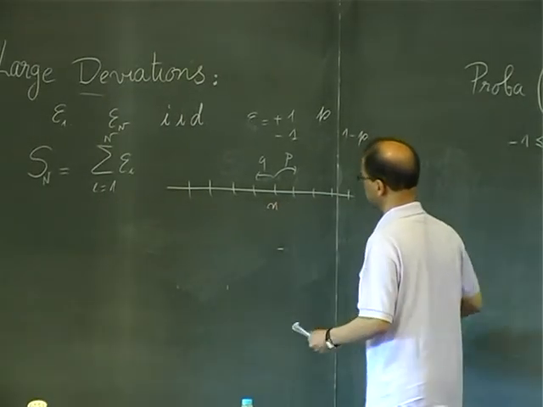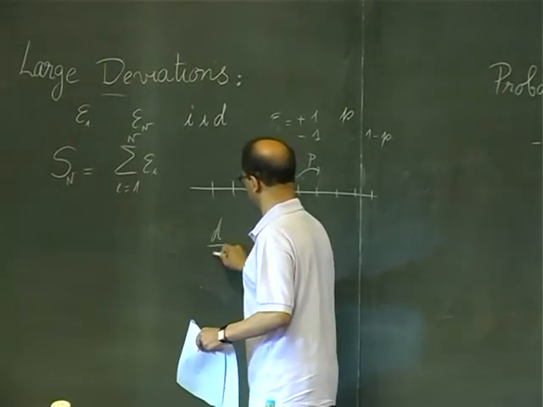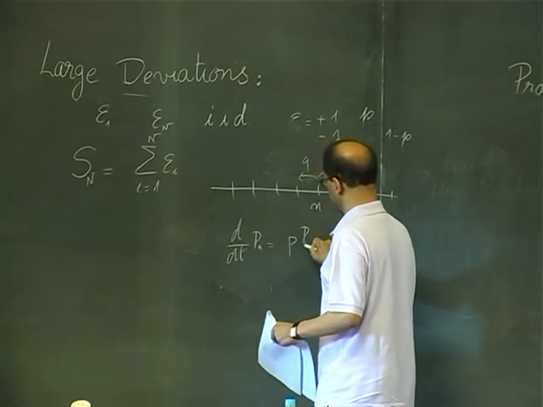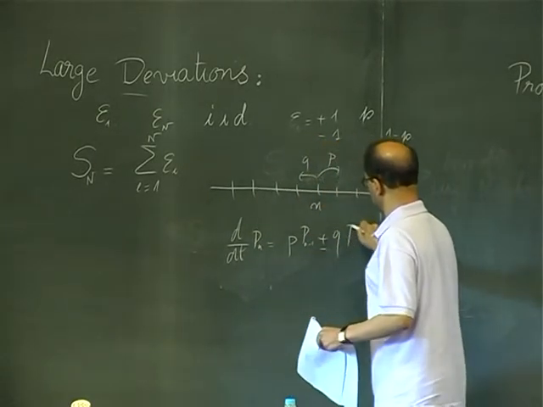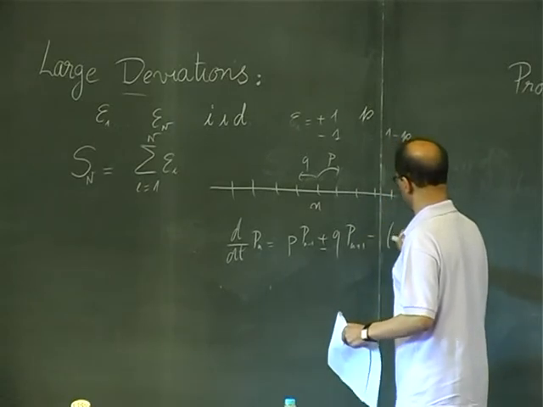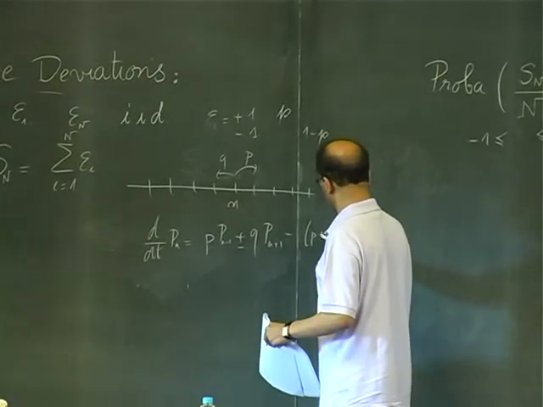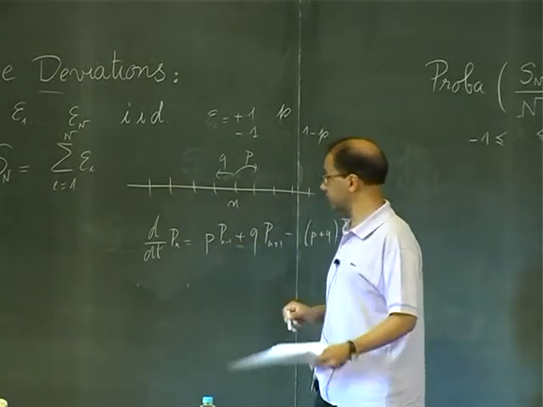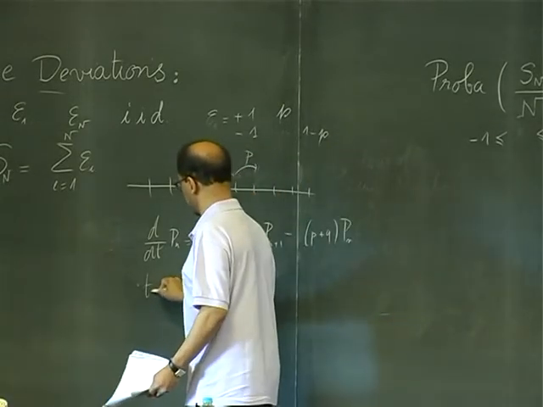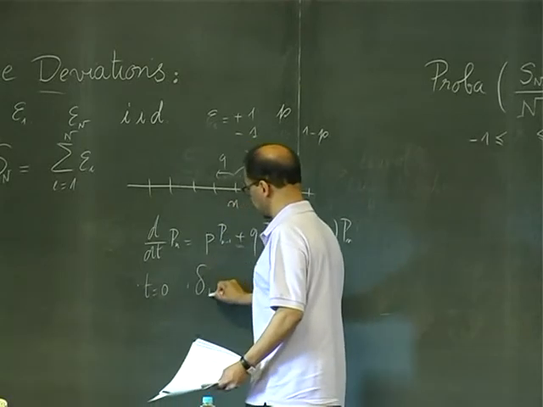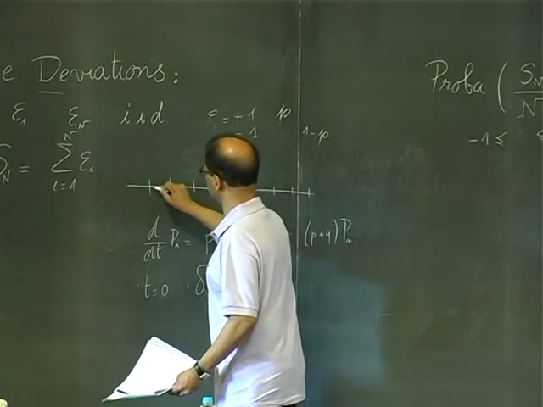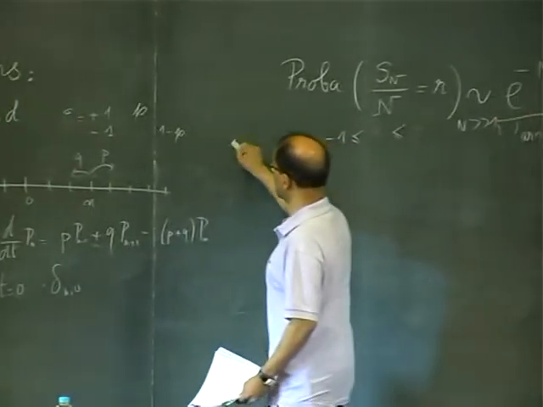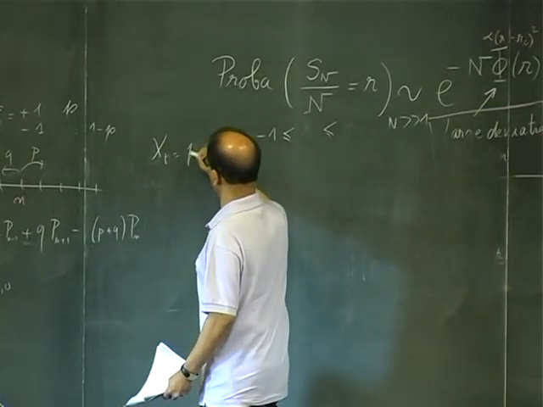So you have the master equation, d dt of Pn is p Pn minus 1 plus q Pn plus 1 minus p plus q times Pn. And suppose you start at time t equal to 0 at site number 0 at the center, and you call x of t the position of the walker at time t.